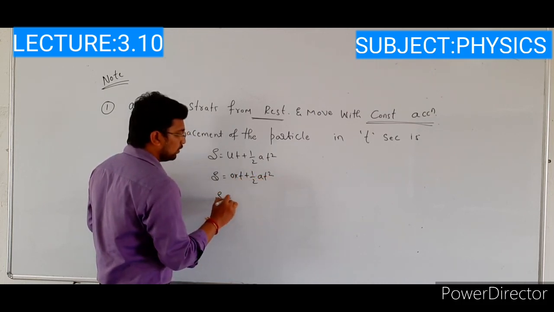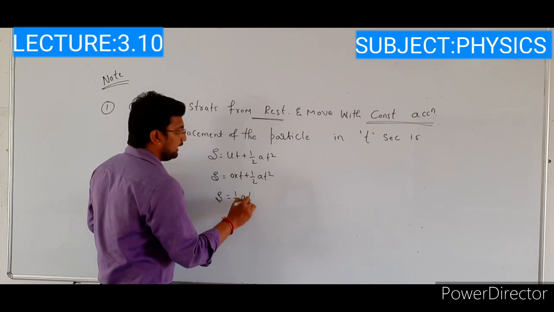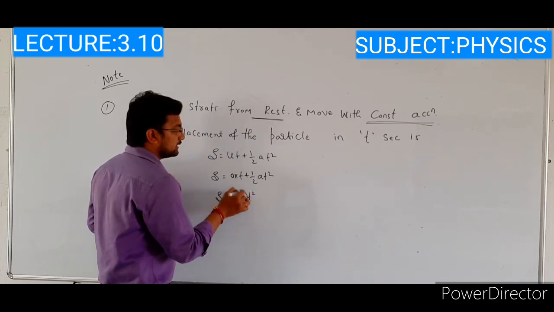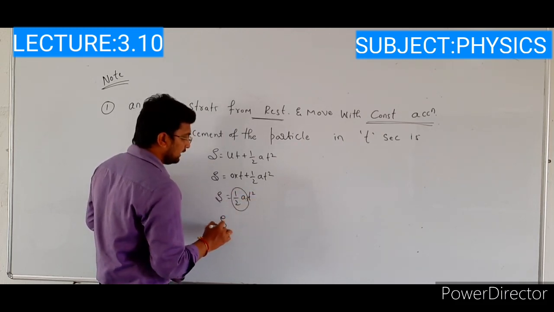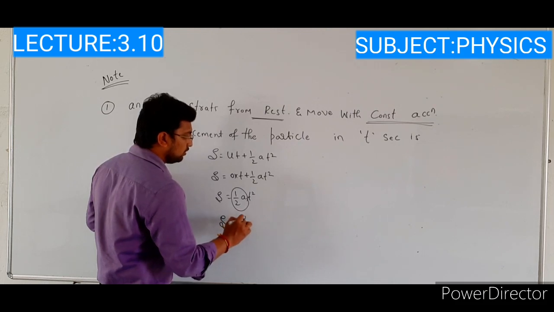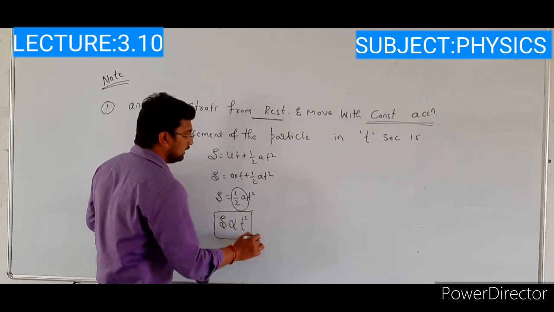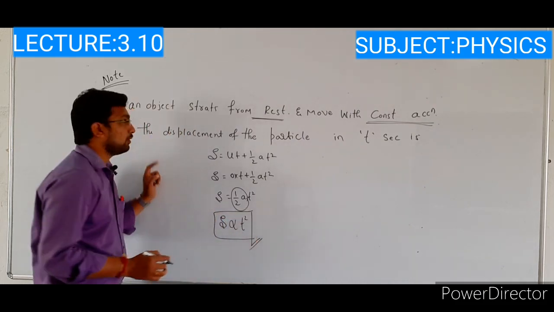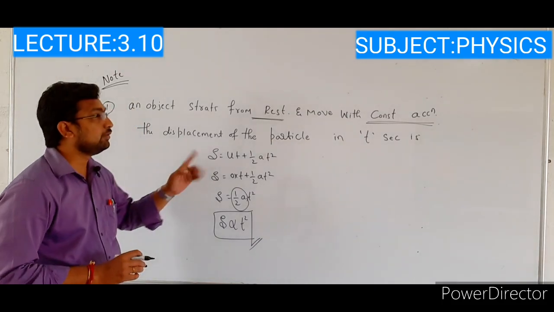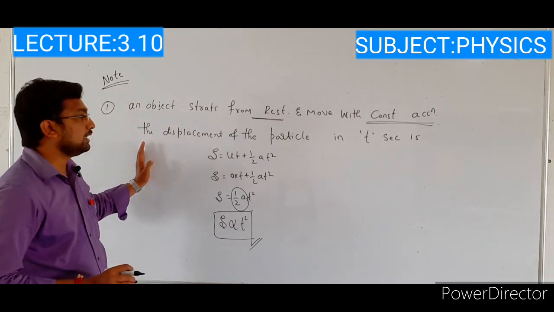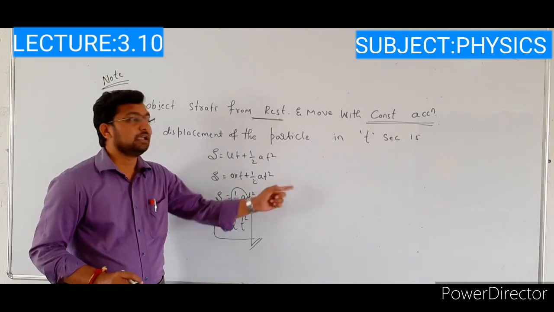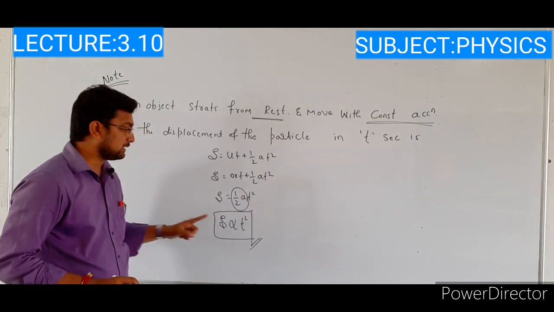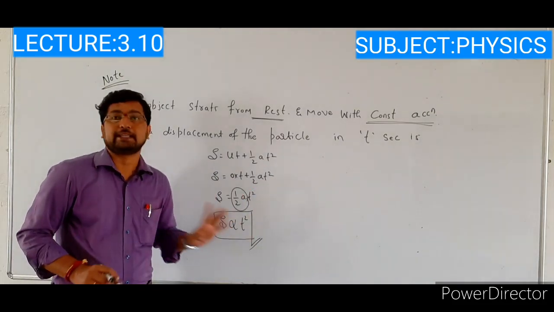So s is equal to 1 by 2a into t square. So in this case consider this is a constant term, s is directly proportional to t square. So this is the relation. An object starts from rest and moves with a constant acceleration. The displacement of the particle in t second is directly proportional to t square.